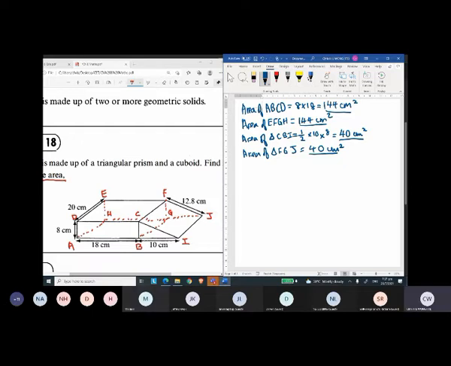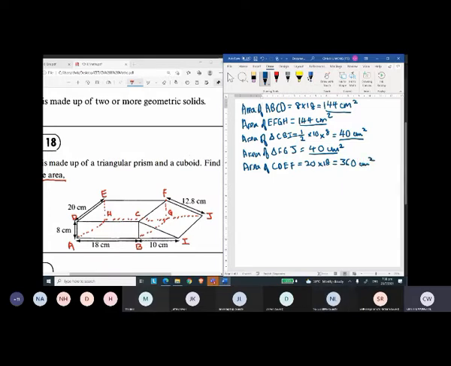What is the area of CDEF? 20 times 18 gives you 360 cm square.